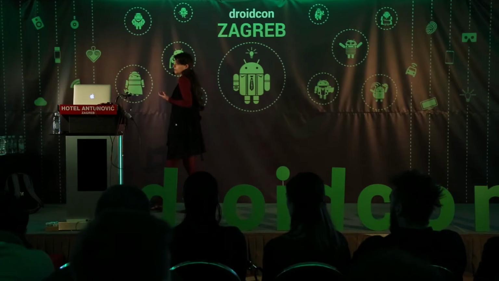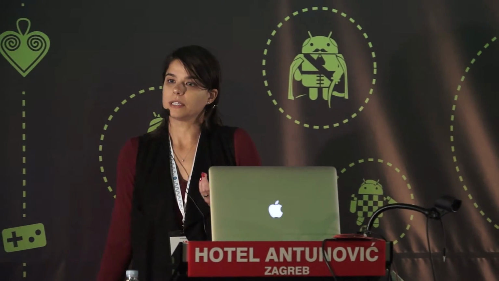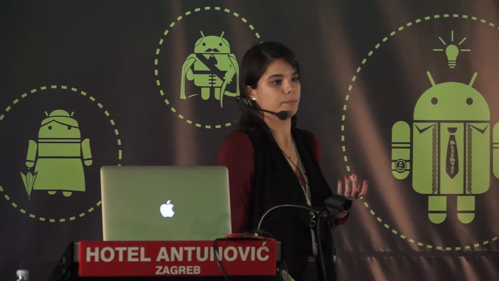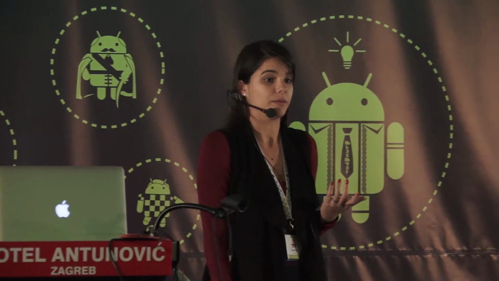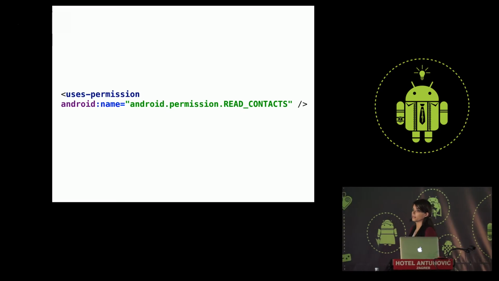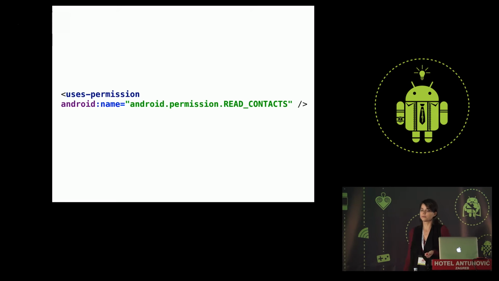So we can say that permissions are there to protect sensitive data or critical resources. Contacts or messages on your phone are a good example of sensitive, private data, and camera or mic can be misused, so they are an example of a critical resource.